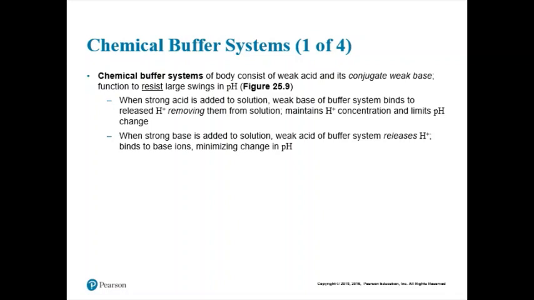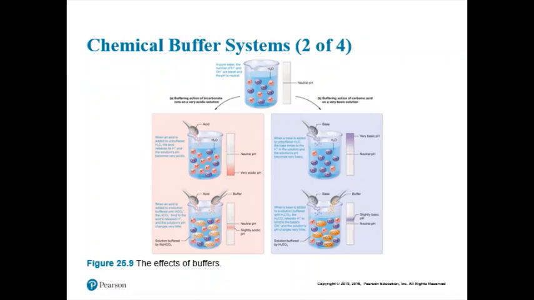If you have a strong base and you drop a buffer in it, that buffer is going to act more like a weak acid to neutralize the base and form water. So you don't have a huge swing in your pH. That's all you're seeing on this picture here. They act like the opposite of what you drop them in to help weaken them and reduce large swings in pH.